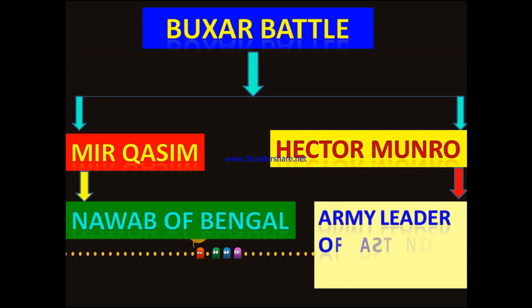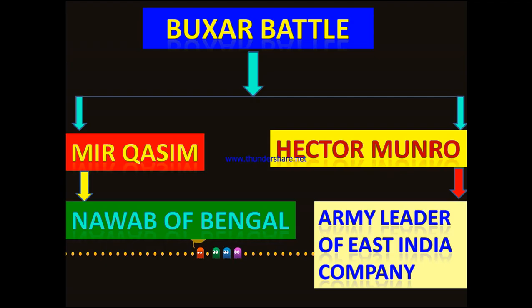And at the time, Mir Qasim was supported by many other leaders. The main other leaders in India were Shah Alam II, Shuja ud-Daulah, and many other Indian local leaders who supported Mir Qasim.